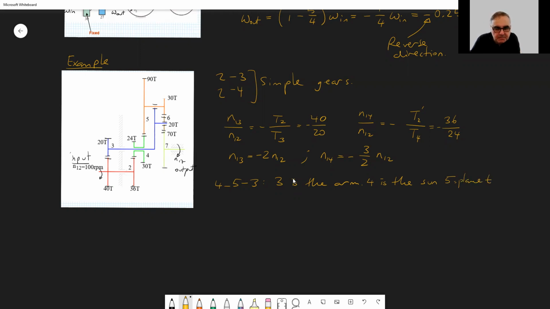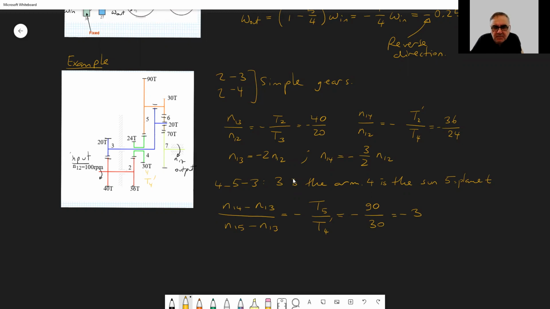So you can write n14 minus n13, divided by n15 minus n13, is equal to minus T5 over T4 prime, T4 prime being this. T5 was 90, minus 90 over 30, it's minus 3. From which we can find n15, okay?